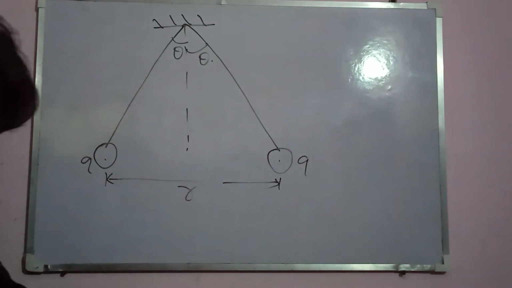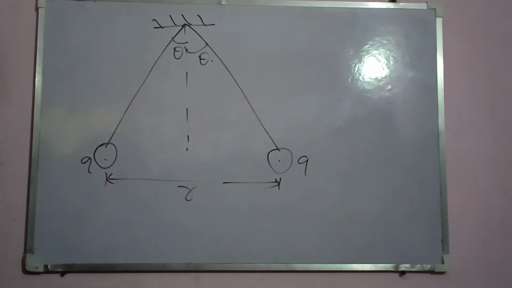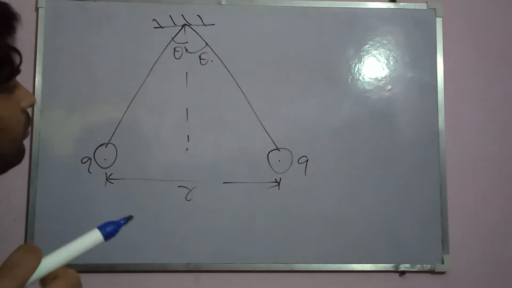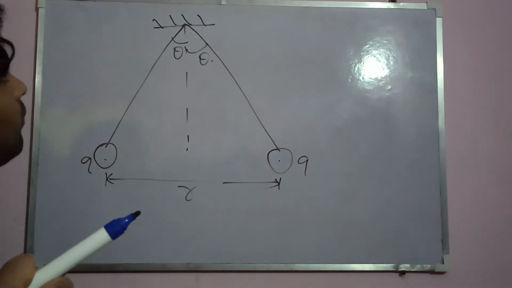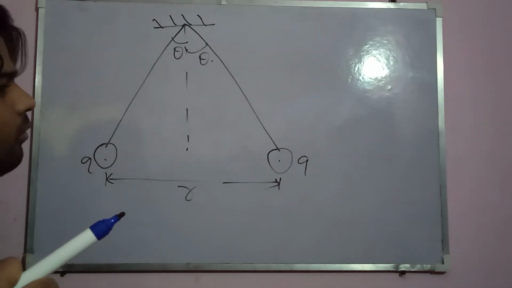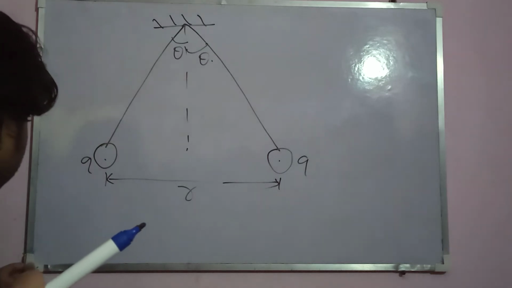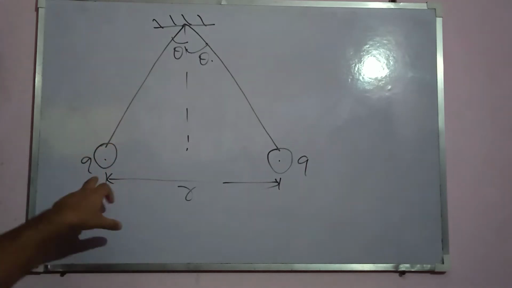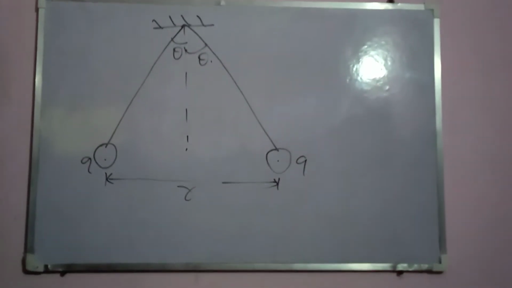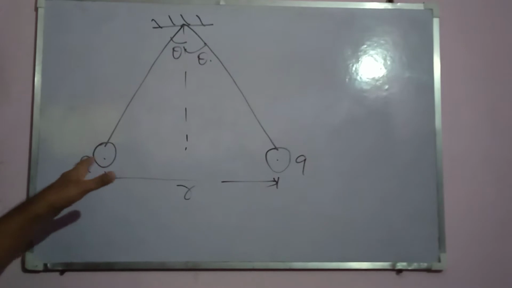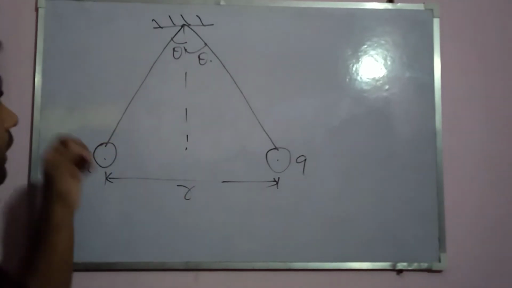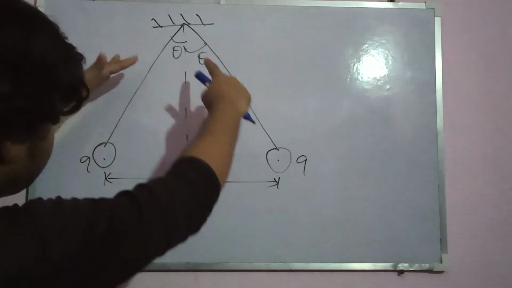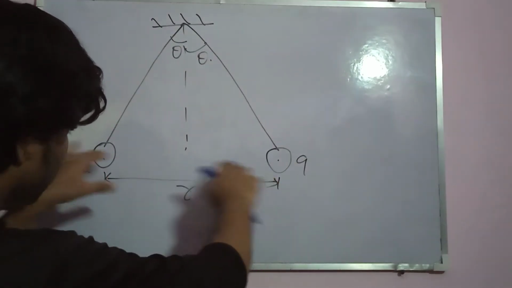See, there are two charges, both positive, Q and Q. They are separated by a distance, hanging by strings from the ceiling, and these two strings are balanced in this position.